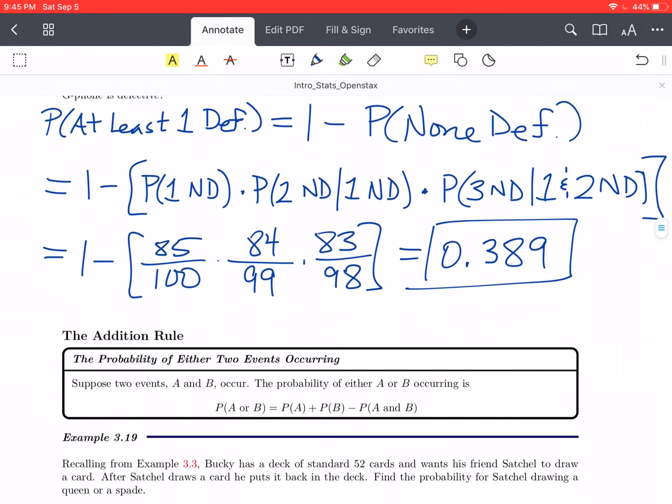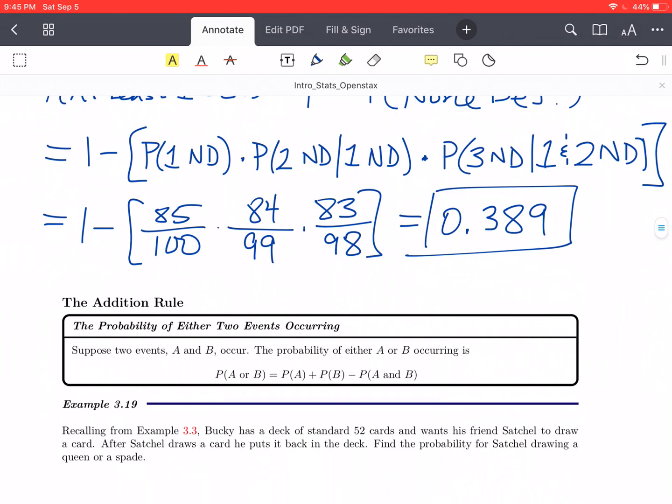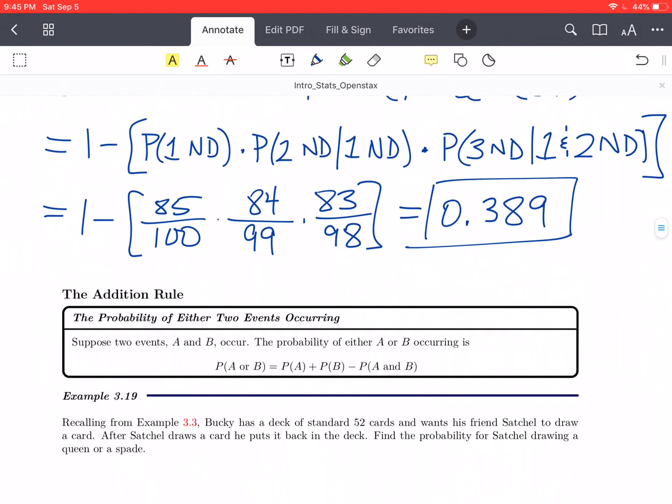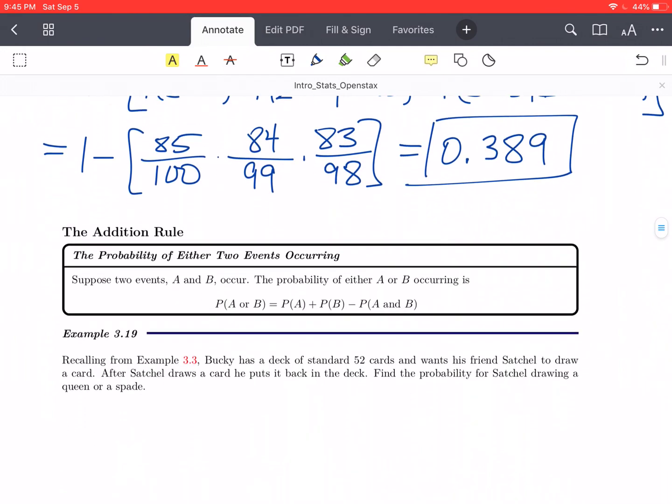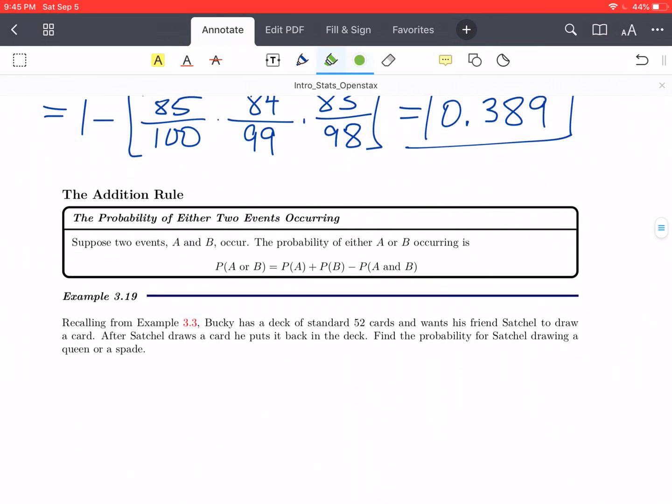So these examples have all been dealing with what happens to an AND probability if we have dependent events. Now we're going to look at the addition rule, and we're looking at the probability of either two events occurring. So now we're looking at an OR probability, so A or B. Well, then we use this formula right here.